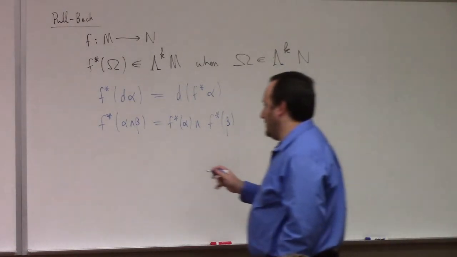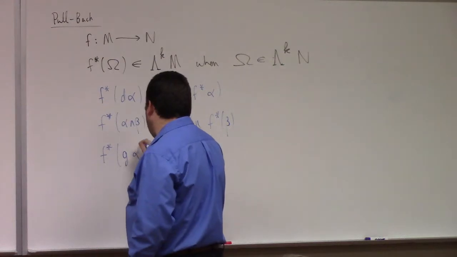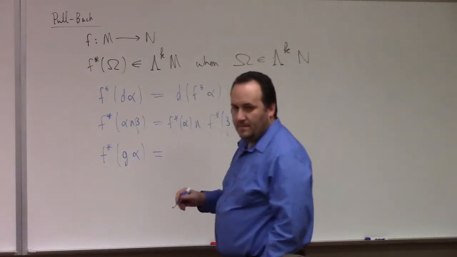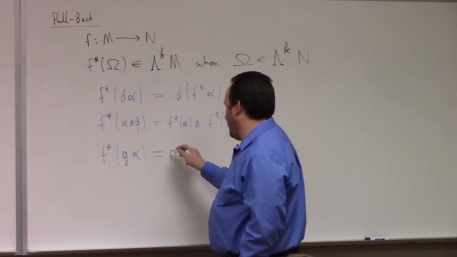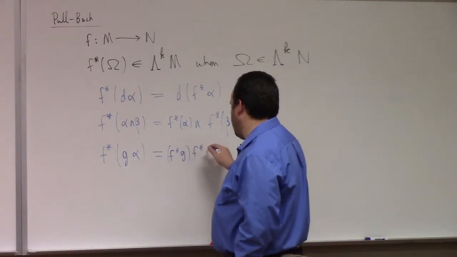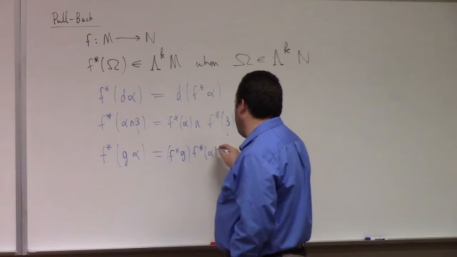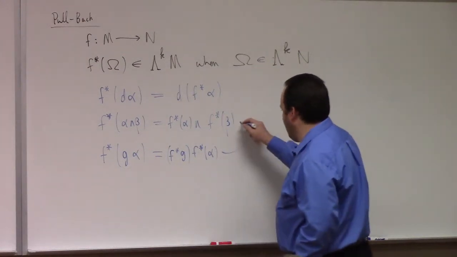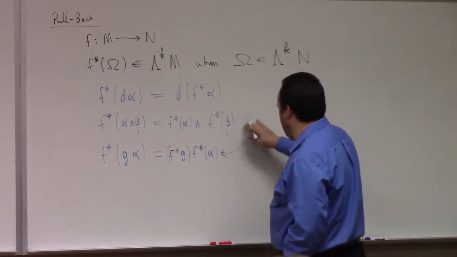If you have the pullback of a function times a form, that's also f pullback g times f pullback alpha. Here I point out that I've tried to put forward the viewpoint that this is really just a special case of the above.